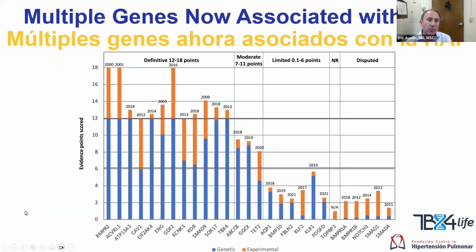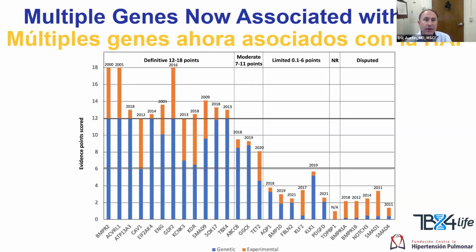On the next slide here, we see that multiple genes are now known to associate with group 1 pulmonary hypertension, which again is pulmonary arterial hypertension. Way back now, about 24 years ago, international groups discovered, as well as groups at Columbia University working as a team, BMPR2.